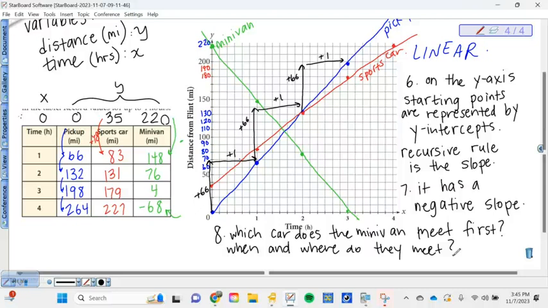How many miles away from Flint are they? How long have they been driving? And then getting to the first spot. And what is the first part of it?